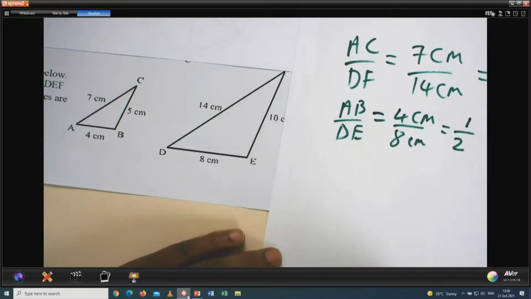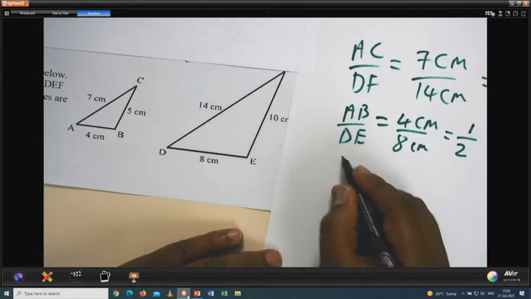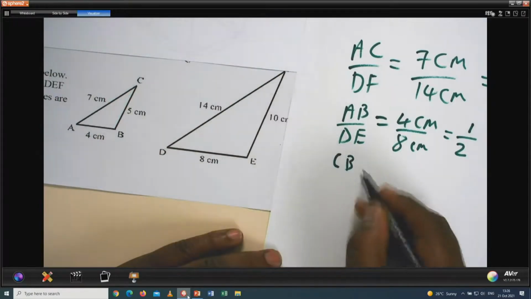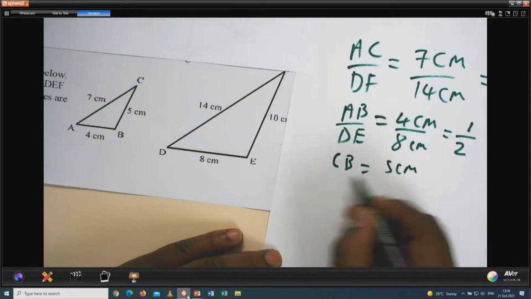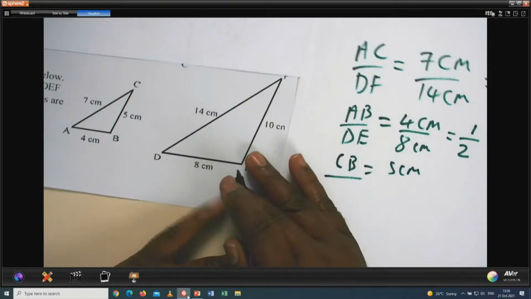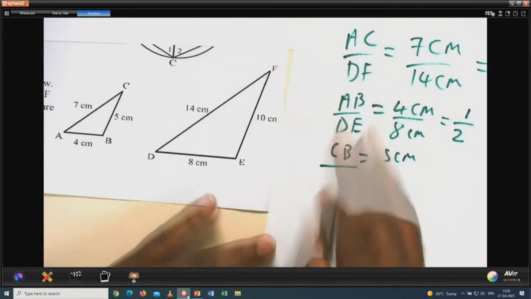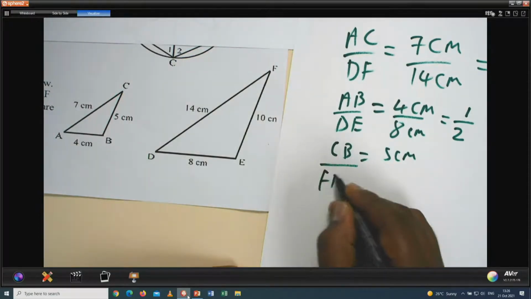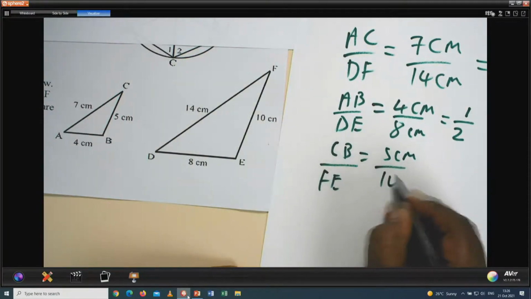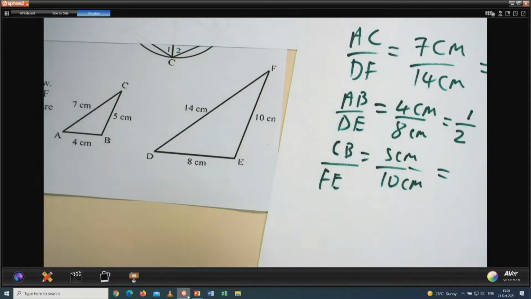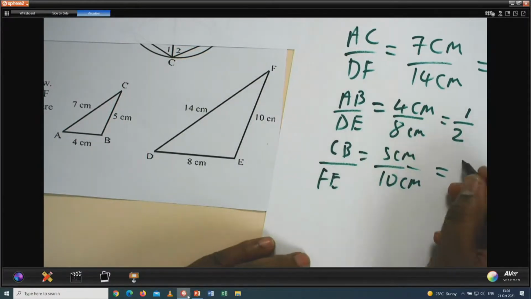Right, lastly, CB, which is 5 centimeters, over FE, which is 10 centimeters. How many 5s into 5? 1. How many 5s into 10? 2.